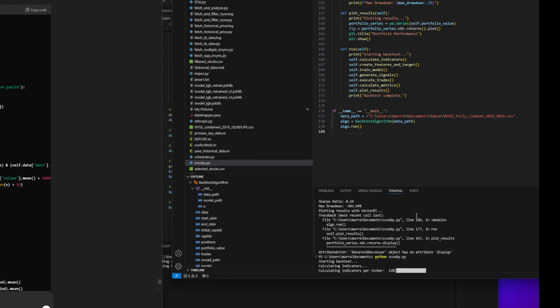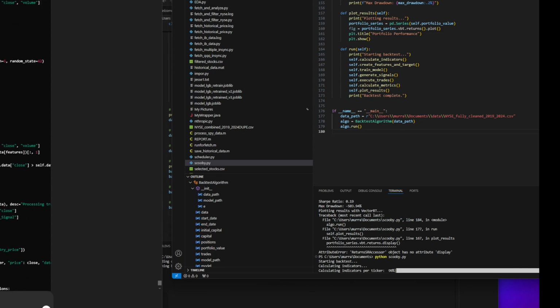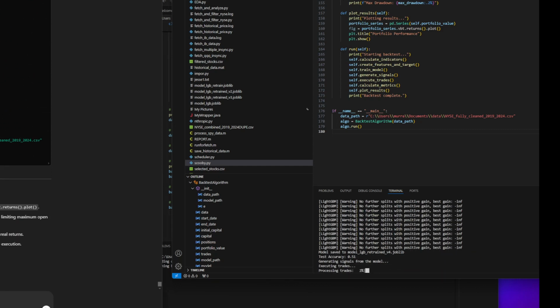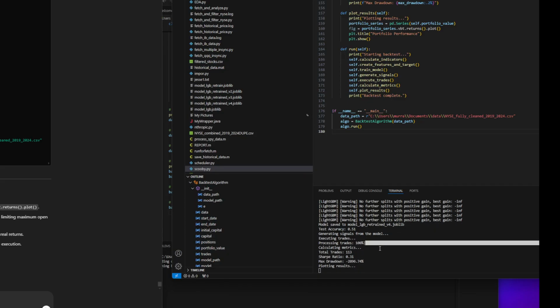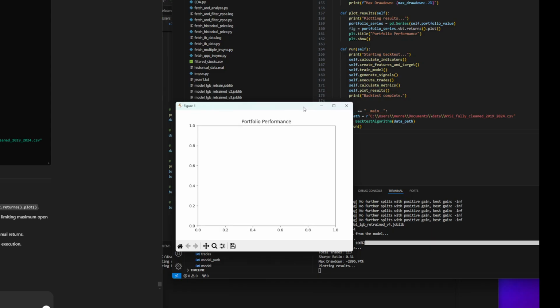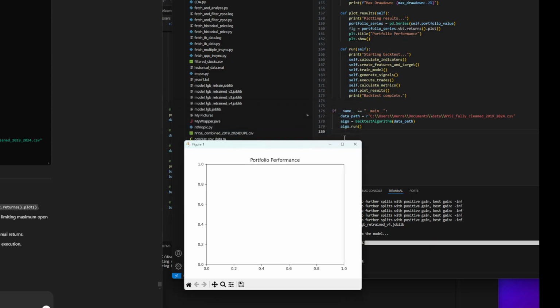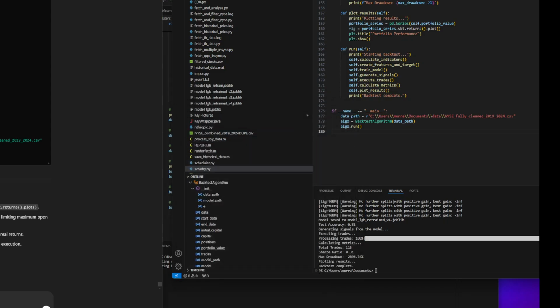Again, it's running the machine learning model, the LightGBM or whatever it is, whatever it suggested I should use. It's processing things. Accuracy is only 0.51, which I believe is not very good, and the max drawdown is absolutely terrible. I think we should bin this one possibly.